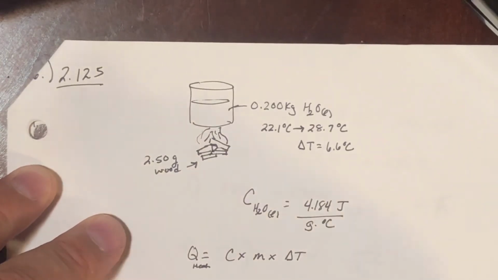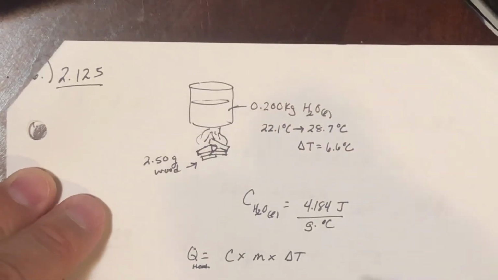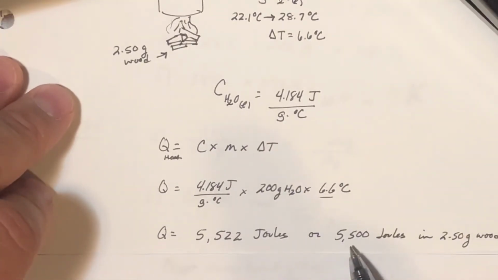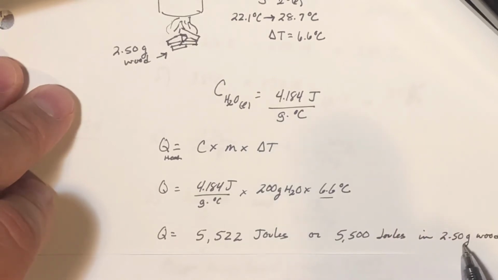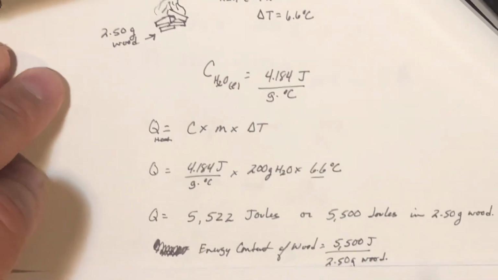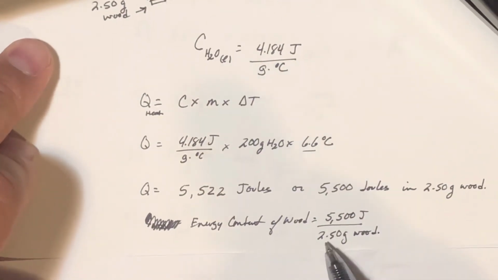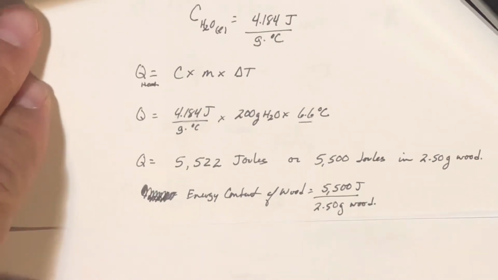So in this case, if we know the specific heat of water, 4.184 joules per gram degree Celsius, times 200 grams of water, times 6.6 degrees Celsius, notice the grams cancel and the degrees Celsius cancel, we're going to end up with 5,522 joules, or 5,500 joules in 2.50 grams of wood, meaning that the energy content of the wood is about 5,500 joules of energy per 2.50 grams of wood, so we'll do the math there.